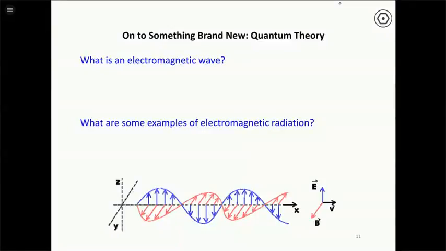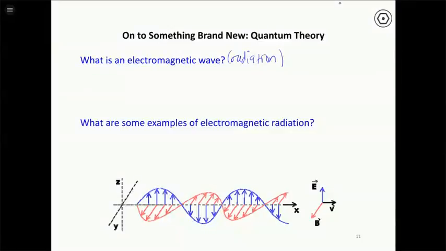But before we talk about that, we have to understand what electromagnetic radiation, or light, is to begin with. So today we're going to finish up by talking about the properties of waves, which is what makes up all of the light and electromagnetic radiation that people were using to study interactions with matter and coming up with these new ideas. An electromagnetic wave is also referred to as radiation. You'll hear those used interchangeably. So when we talk about electromagnetic radiation, we mean the same thing.